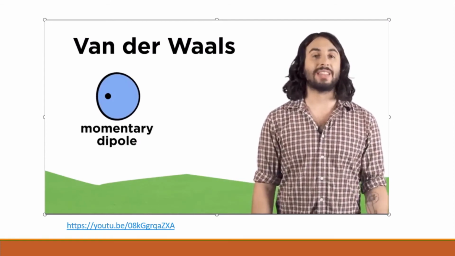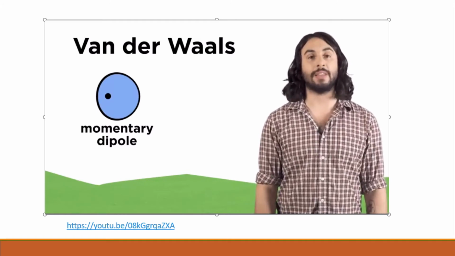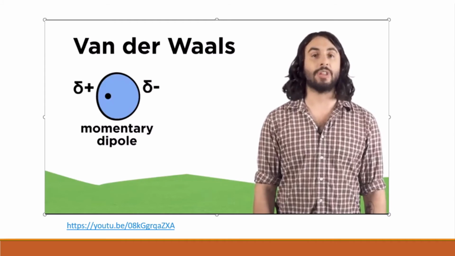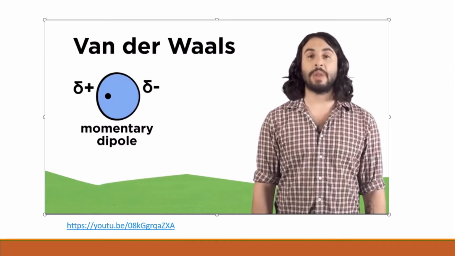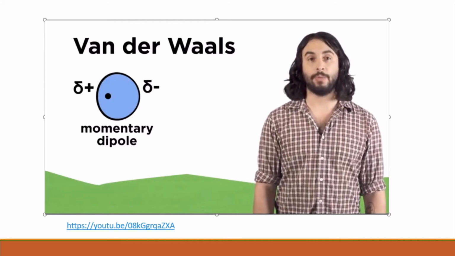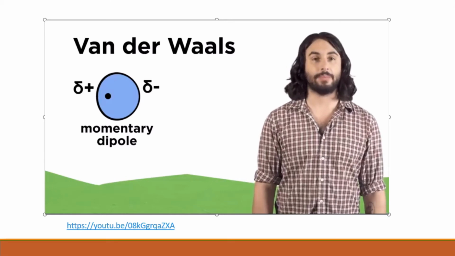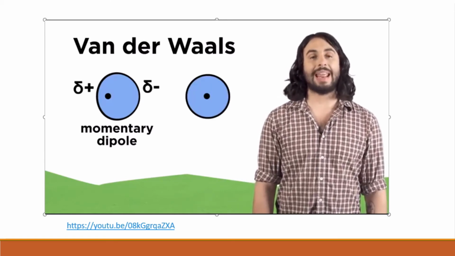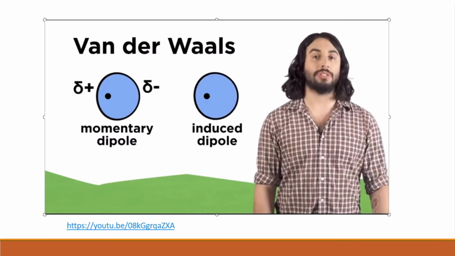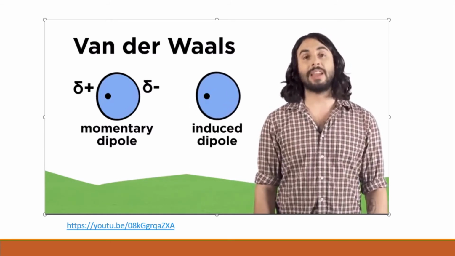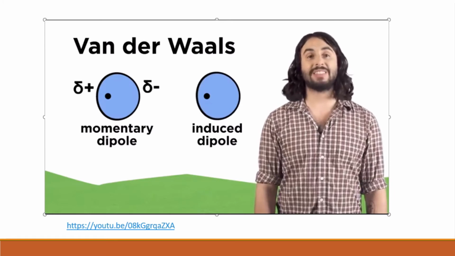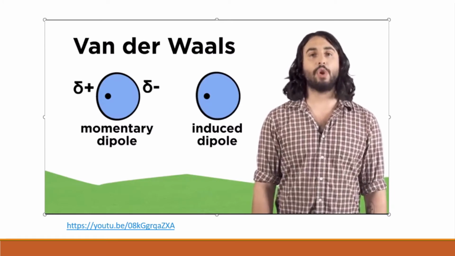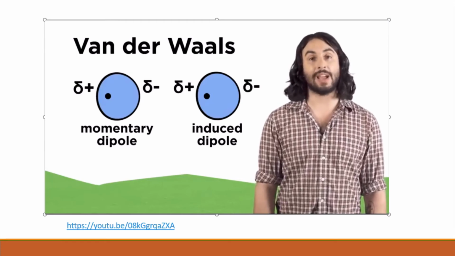This means one side of the atom is ever so slightly partially negative, and the other side is slightly partially positive. This is much weaker than a formal dipole, but it still exists and can be measured. If a momentary dipole approaches another atom, it can generate an induced dipole, meaning the slight partial negativity repels this electron density over to the other side of the atom, so it will also have a slight dipole.